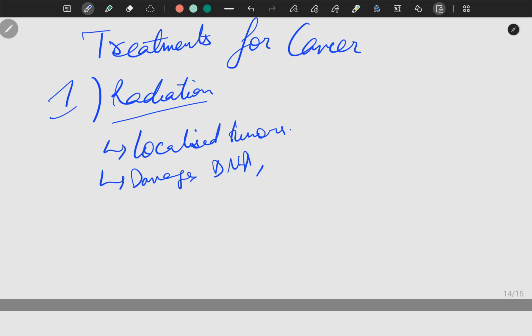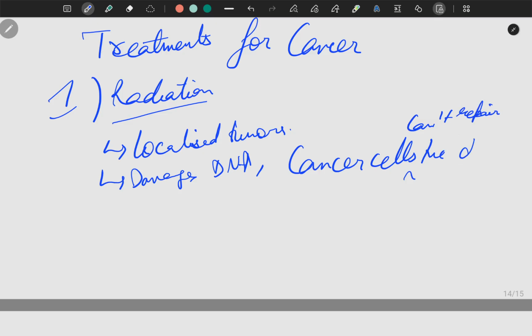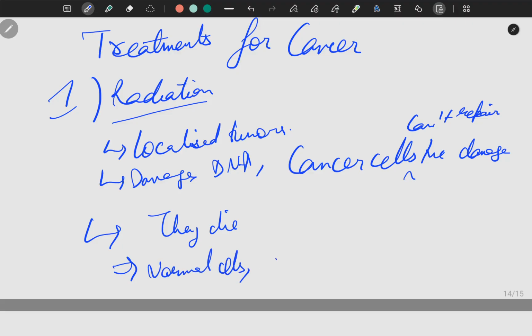Cancer cells cannot repair the damage, and unfortunately, they die. In normal cells, however, normal cells can do DNA repair, so they survive.